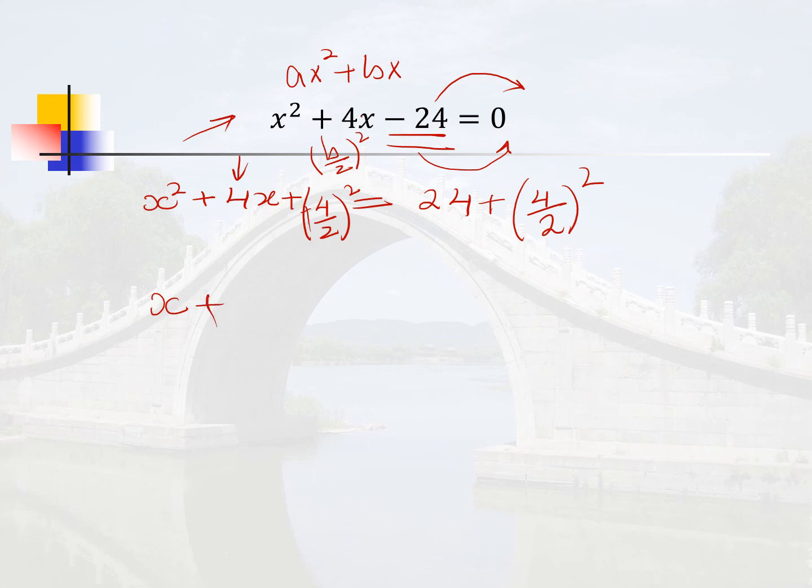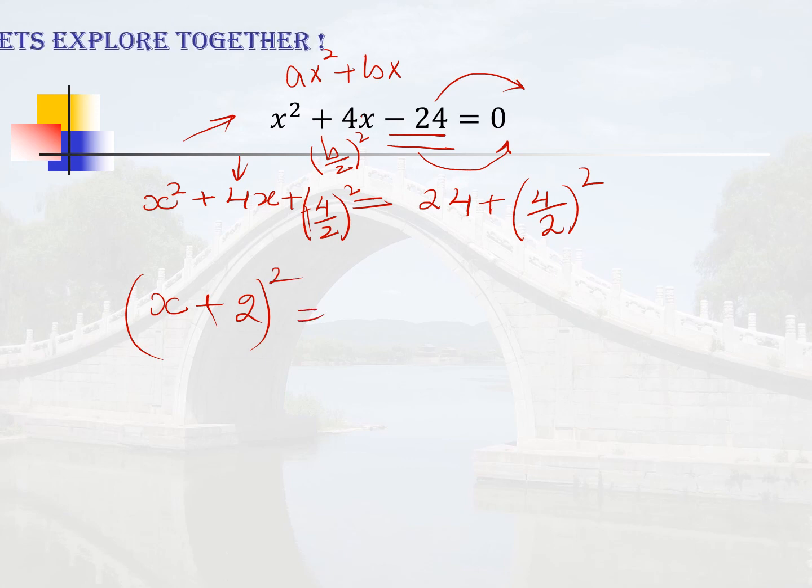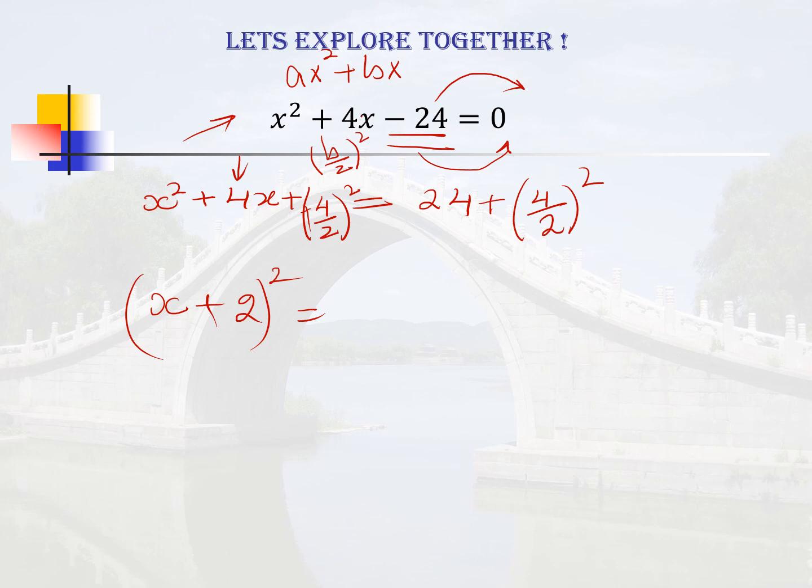Here 4 over 2 gives you 2, and the whole square must be written after the bracket. Equals, solve it. Here 4 by 2 is 2, plus 2 square means 4. So 4, and here you will get 28.